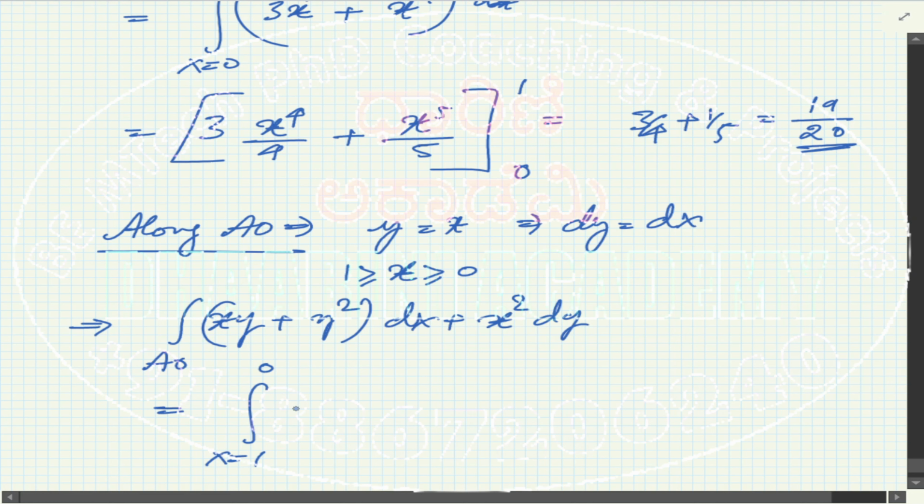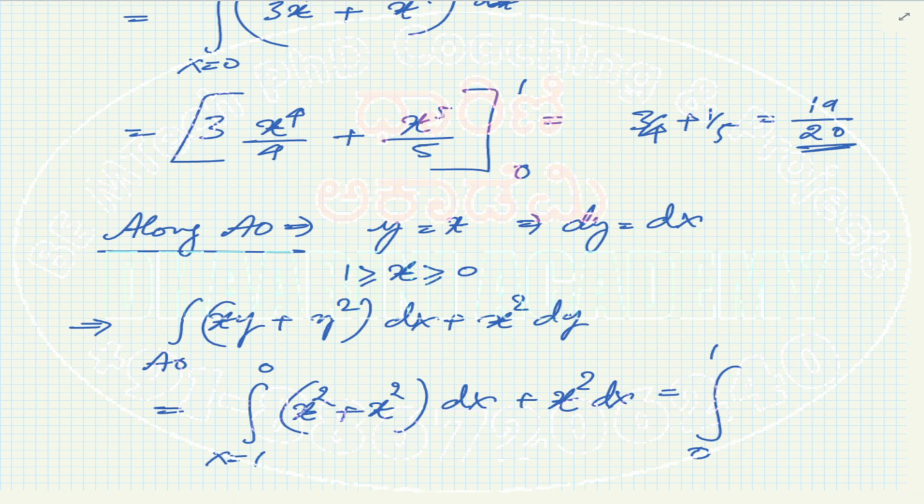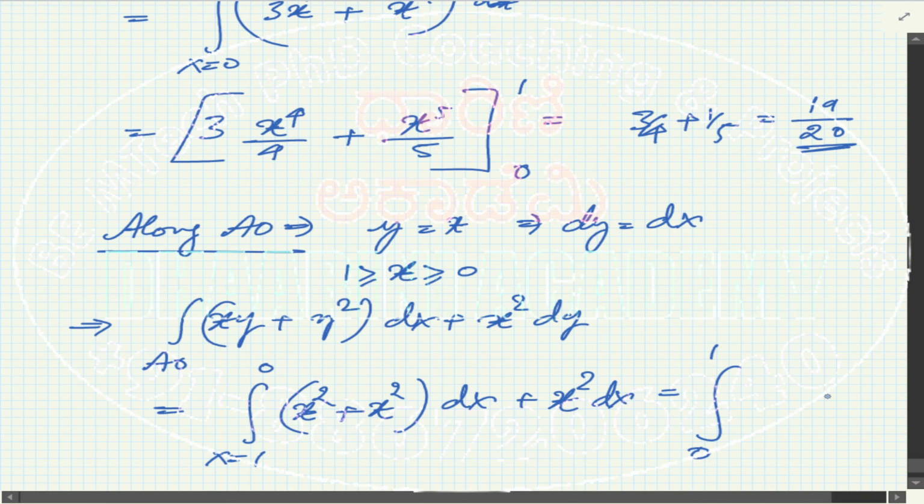So y is also x. So the first term is x squared plus the second term is anyway y, so x squared. There is a dx plus x square dx. So we have integration 0 to 1 for x, x square, x square, x square. So there are totally three terms of x square. So this is 3x square dx.